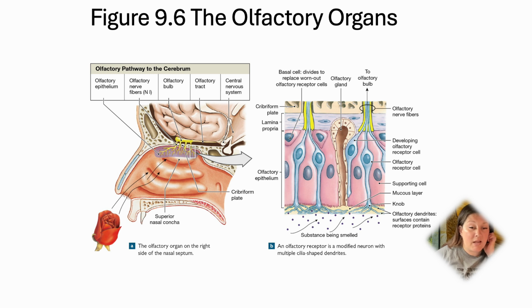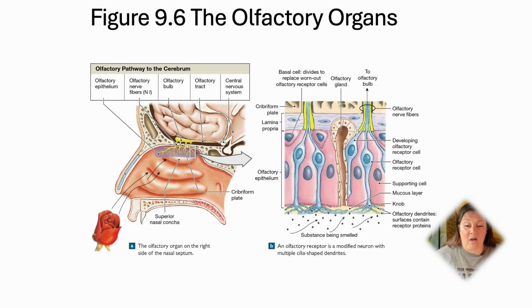And that is a very small grouping of entryways or pathways through this bony structure where nerves are literally coming from our cranial nerve number one, our olfactory nerve, into our nasal cavity.